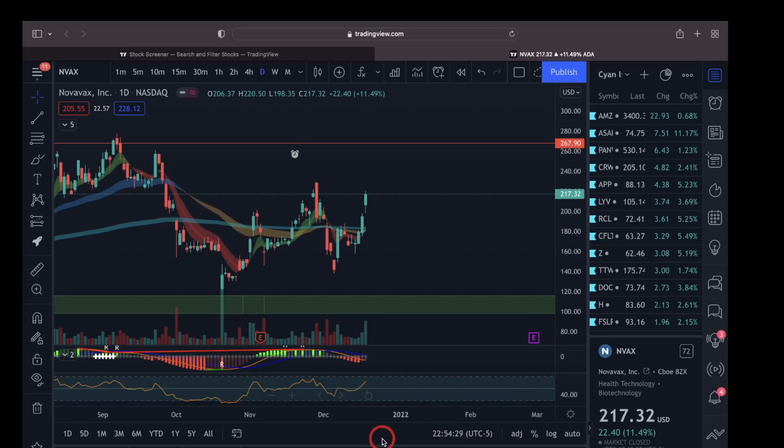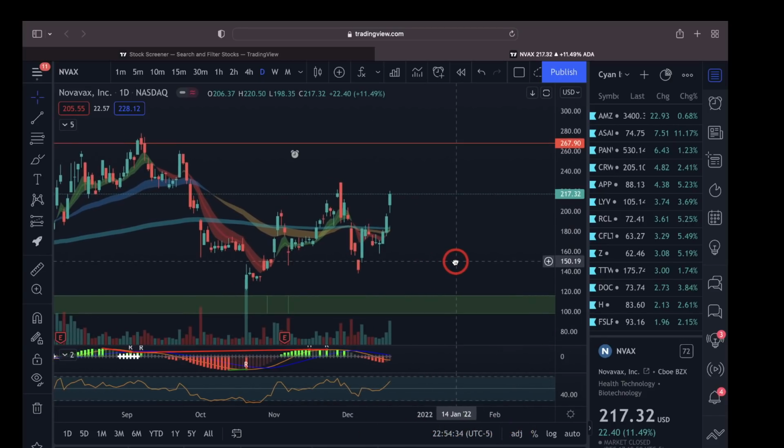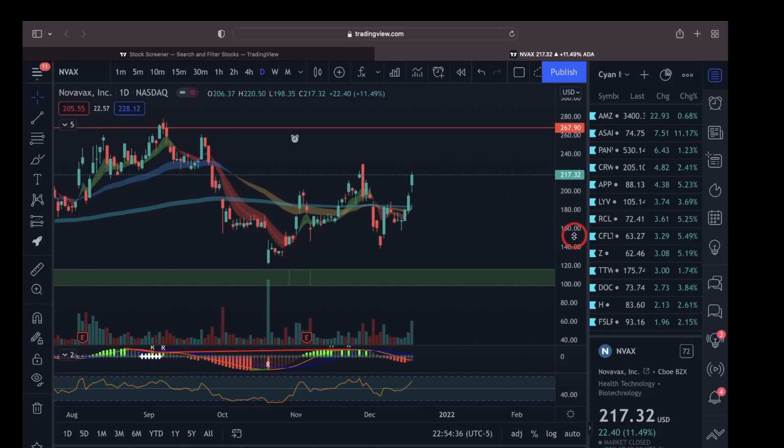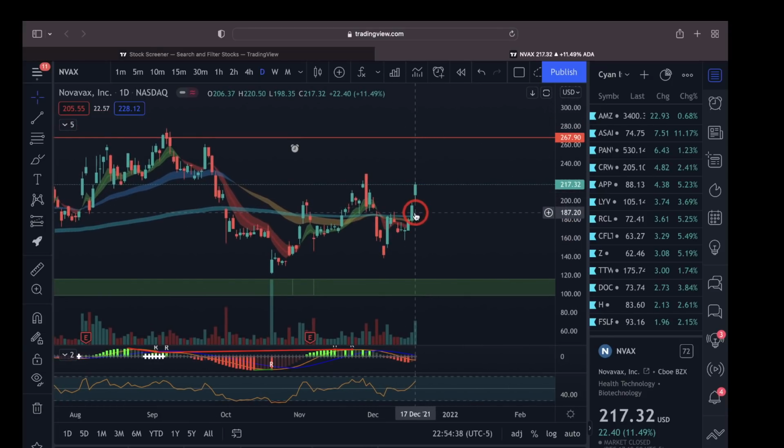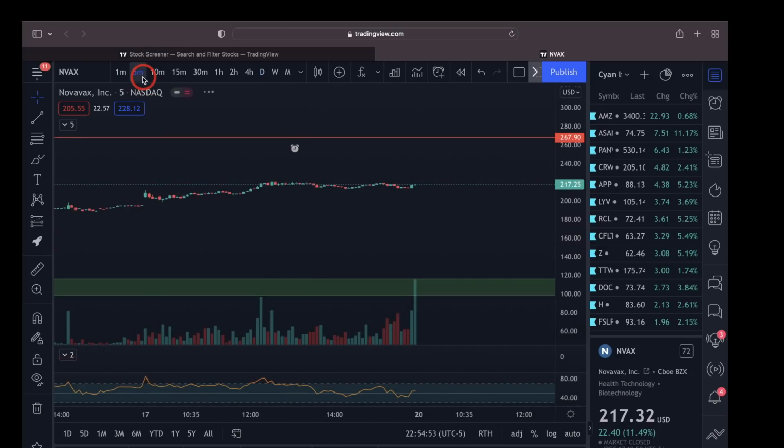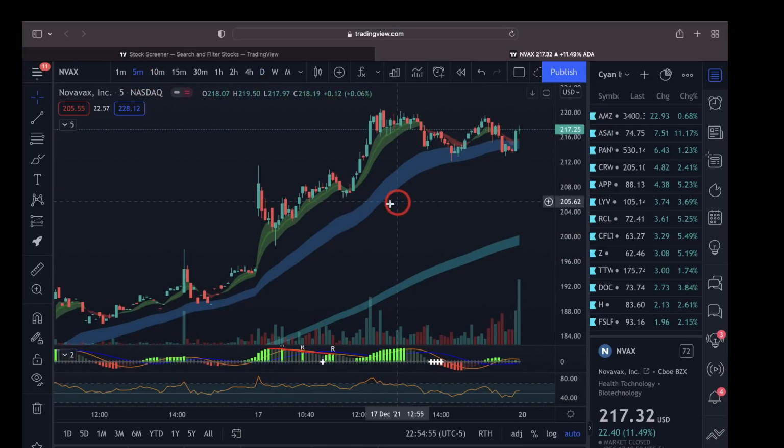But yeah, if you see here a day before, this was right here the 16th, and we're looking at 17th data, and you can see here on the 5-minute chart for NVAX, that's where you see it kind of gap up. This is what I was telling you, it's not an ideal risk reward, so I'm waiting for a pullback.